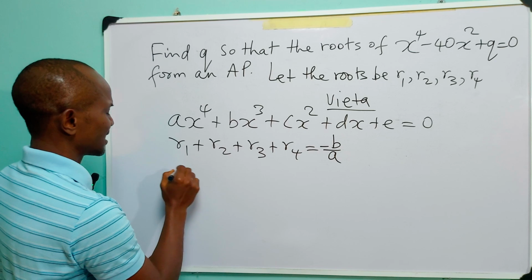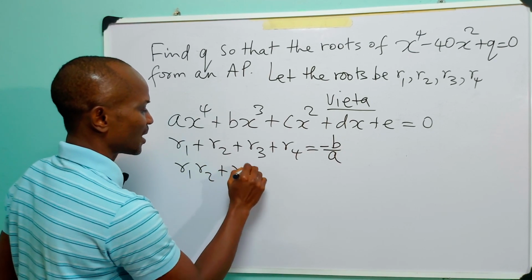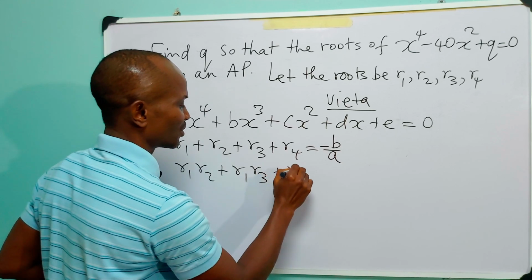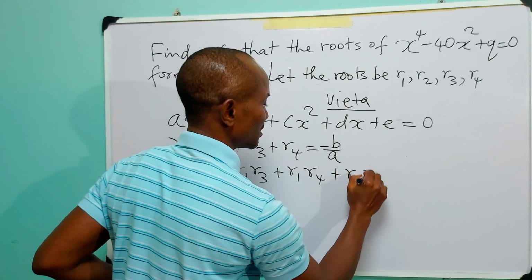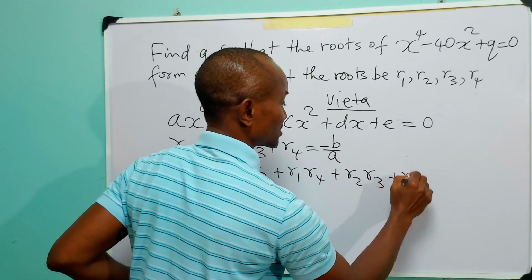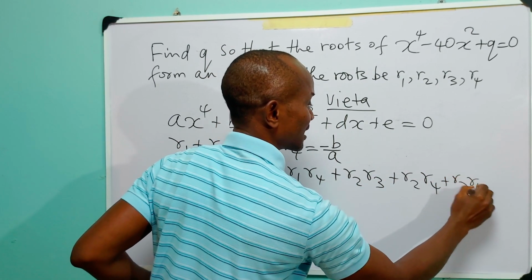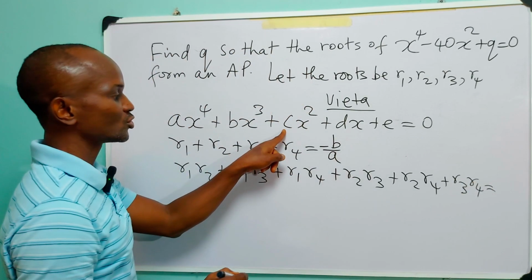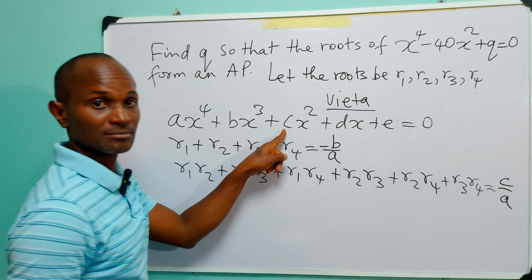It also tells us that R1 times R2 plus R1 times R3 plus R1 times R4 plus R2 times R3 plus R2 times R4 plus R3 times R4 is equal to c over a.